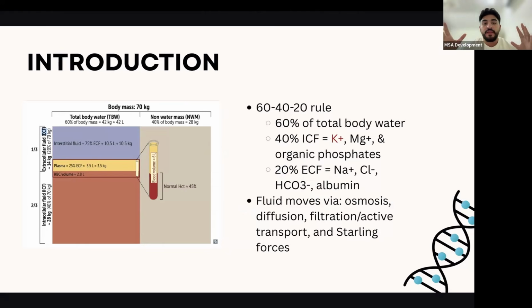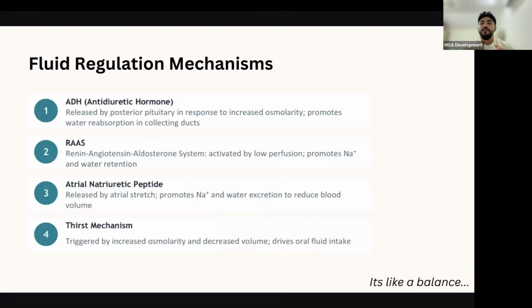And keep in mind that these fluids can transition throughout these compartments via osmosis, diffusion, active transport, Starling forces. However, this is just an overview, okay? Now, how is the fluid composition in our body regulated?